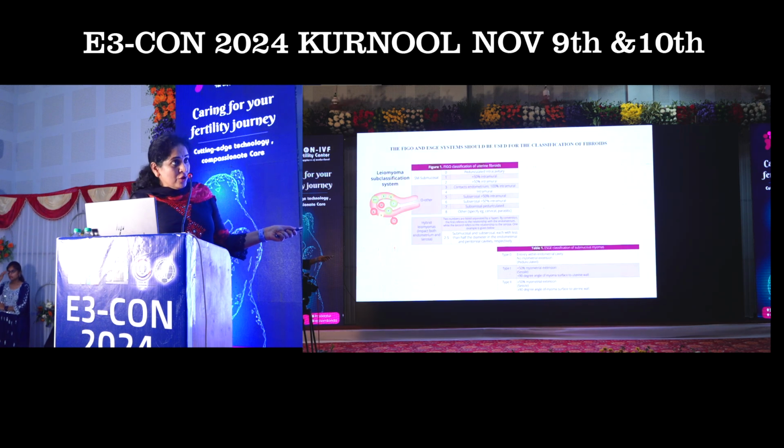So whenever you look into a fibroid, you try to classify it based on the location and its relationship to the structural components of the uterus. The fibroids are classified into FIGO 1 to 7, and 8 is cervical fibroid. Intracavity fibroids are graded by 0, 1 and 2 depending on the extent within the endometrial cavity and the myometrium.